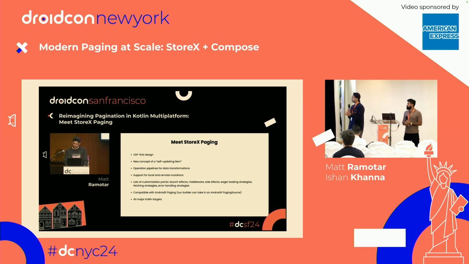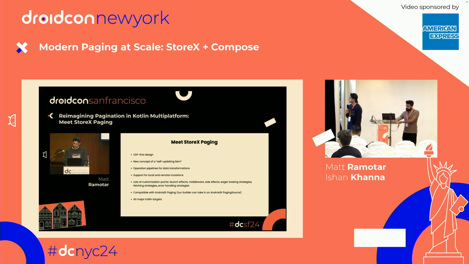This operation pipeline for on-the-fly data transformations, these could be things like filtering, deduplication, validation, sorting if you choose, grouping, tons and tons of customization points, and then support for local and remote mutations, because under the hood it's using Store for data loading, caching, and updating.